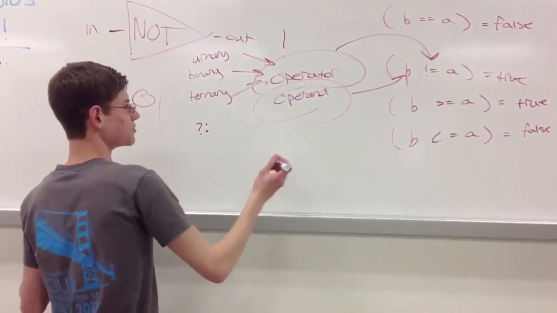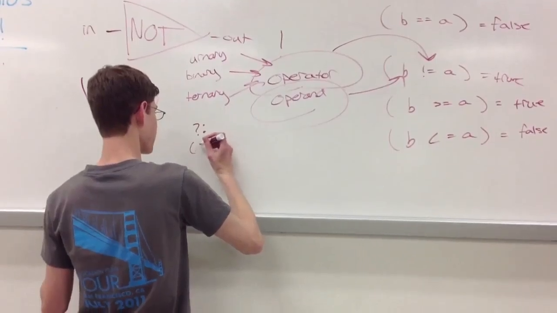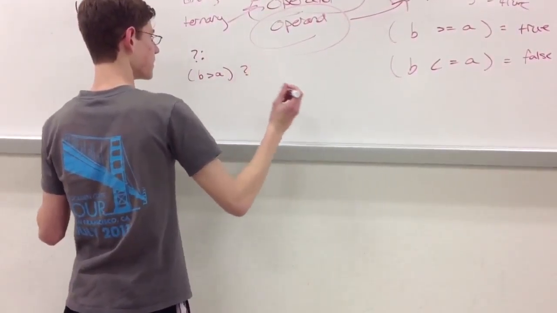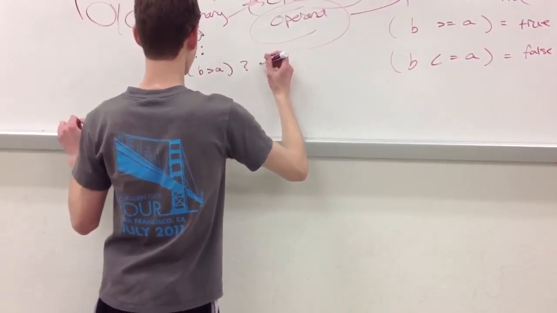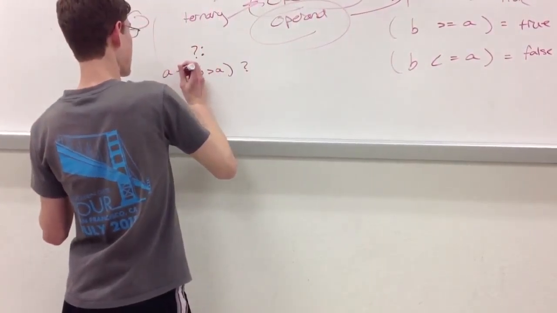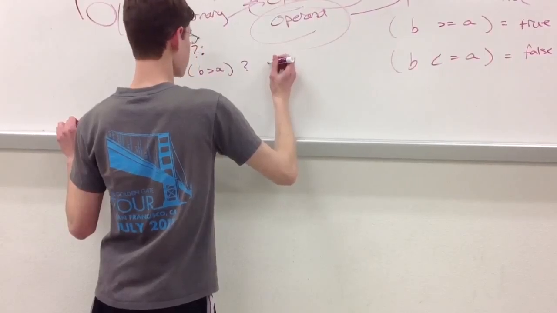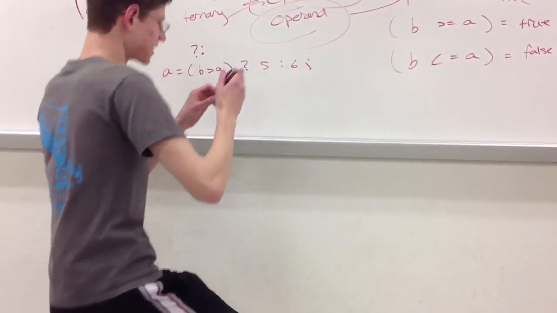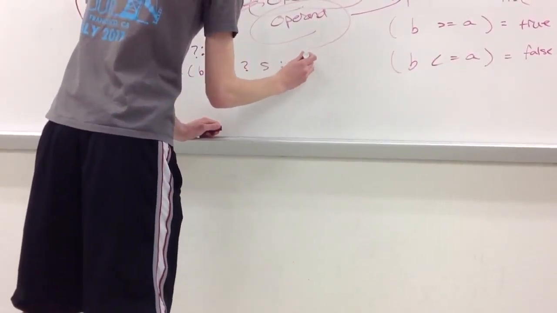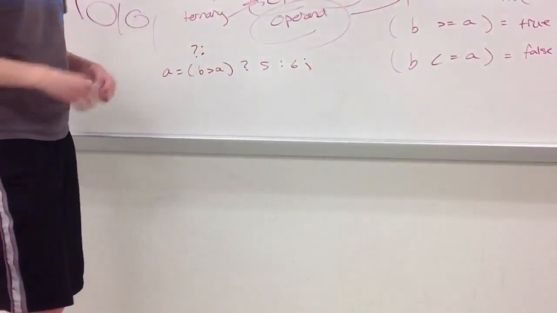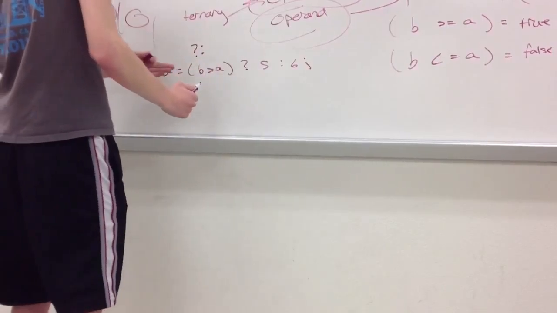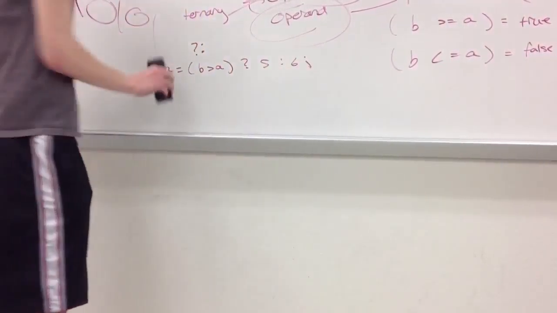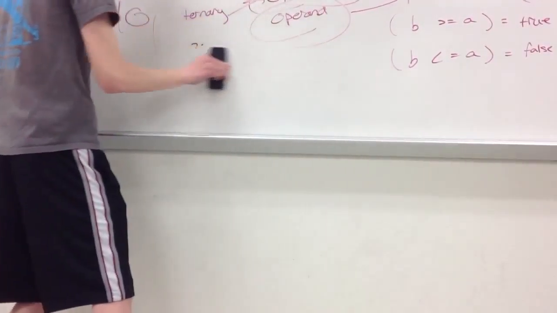You take a Boolean condition, B is greater than A, you test it, and you say if it's true, let A equal 5, but if it's false, let A equal 6. It's a confusing operator, but 3 operands, yes. There's the 1, 2, 3. But no one uses it because we have if statements.